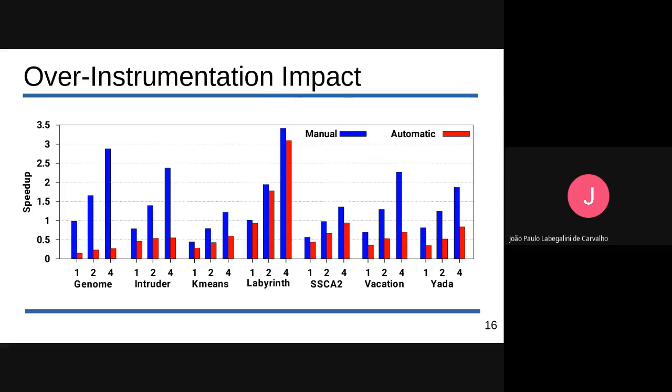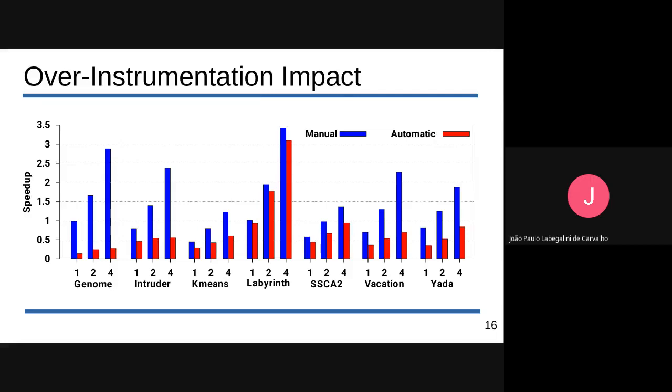In this graph, I'm showing the speedup on the y-axis, and the x-axis shows a set of applications from STAMP, which is a standard benchmark used for transactional memory evaluations. In this graph, I'm plotting the speedup of the manually instrumented applications compared to the automatic version generated using the support available on the GNU C compiler.